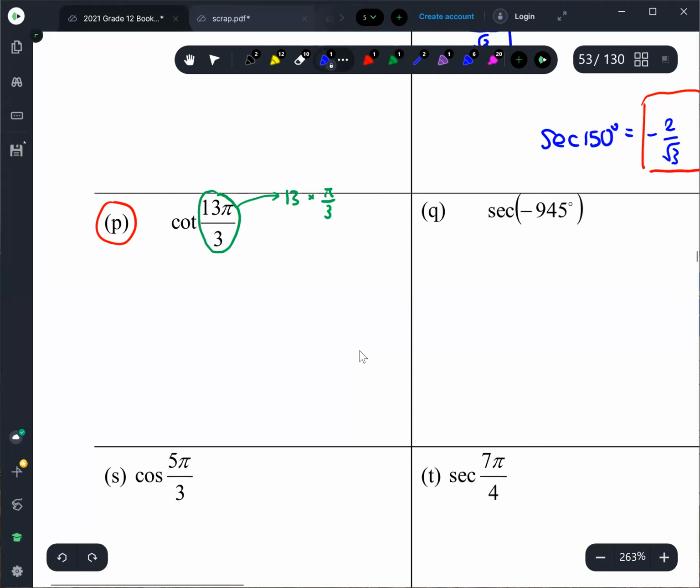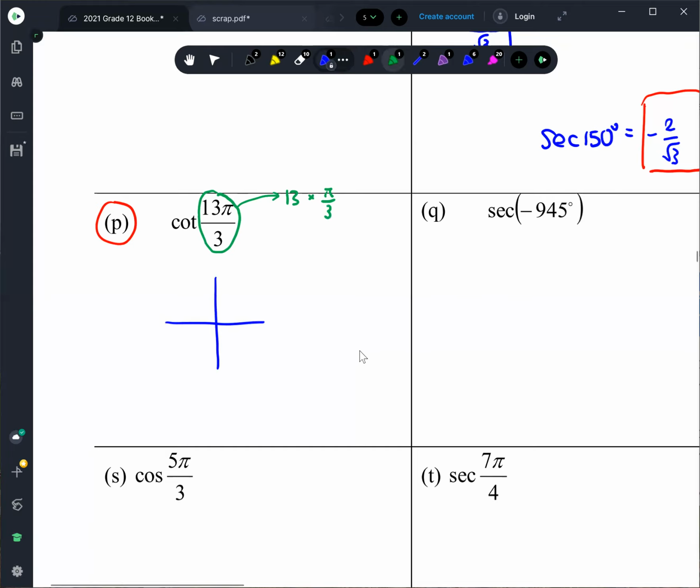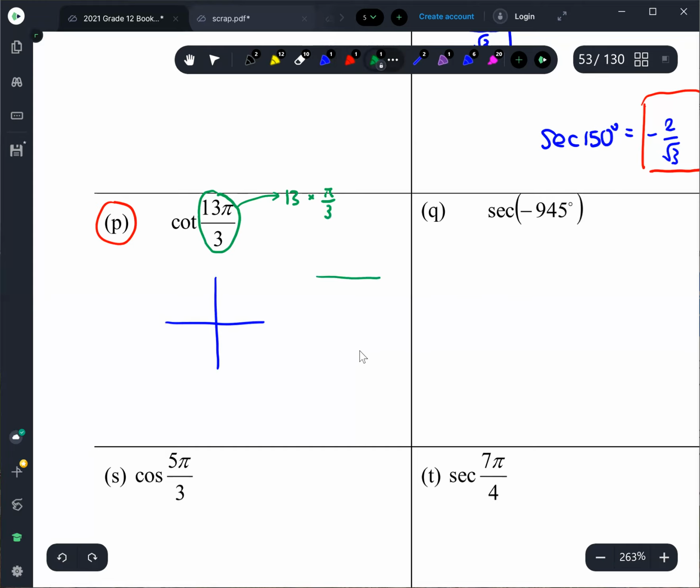When you draw the angle, pi is 180, over 3 will be like this. 1 slice, pi over 3, 2 pi over 3, 3 pi over 3. Keep on turning. 4 pi over 3, 5 pi over 3, 6 pi over 3, 7, 8, 9, 10, 11, 12, 13.